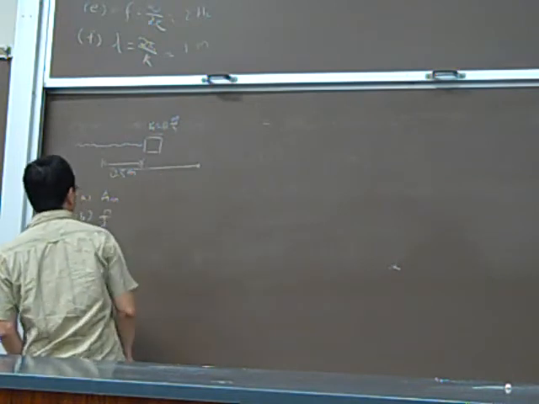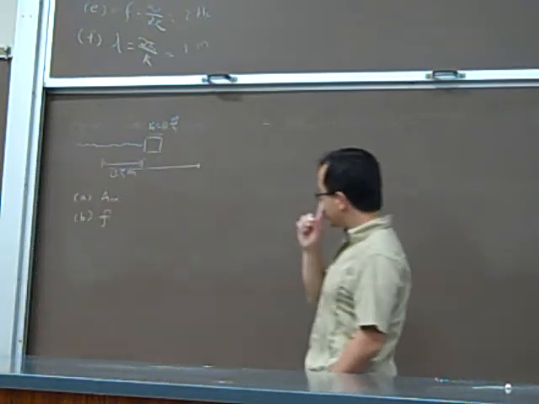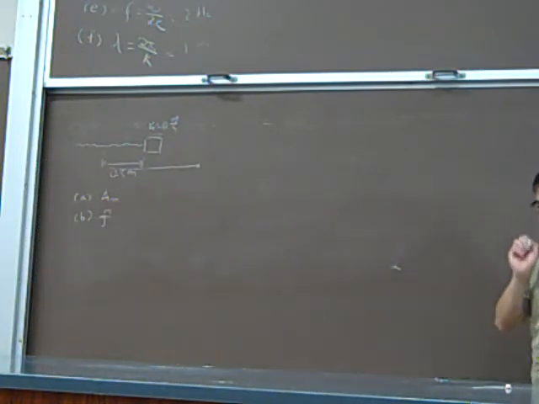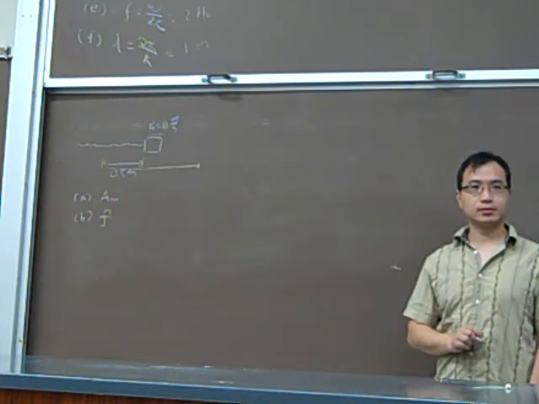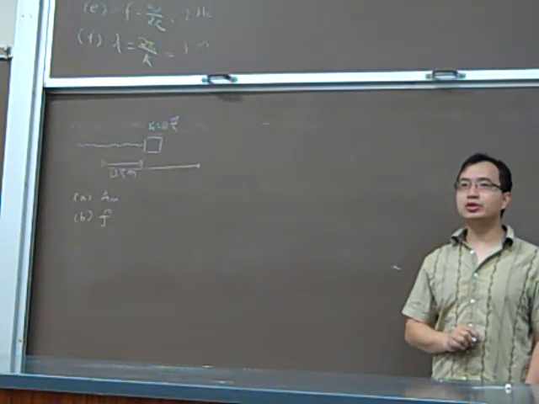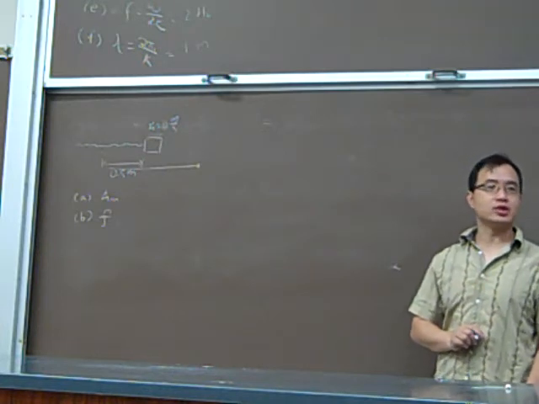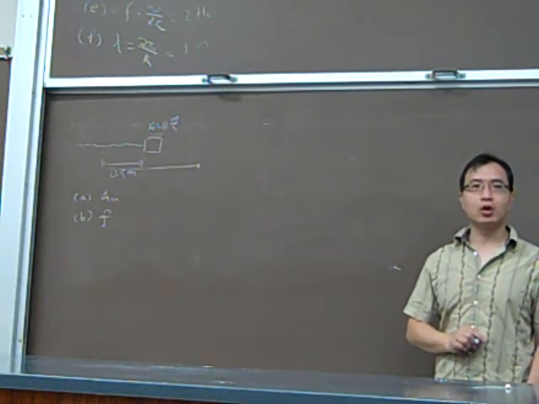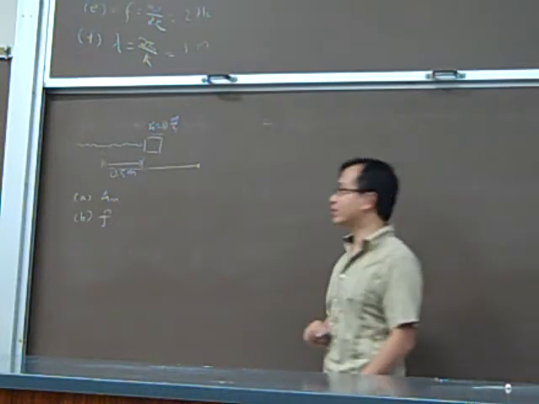When it stops there. So to calculate the amplitude here, we need to use the energy consideration. Amplitude is usually related to the mechanical energy of the system, so we need to think about energy conservation.